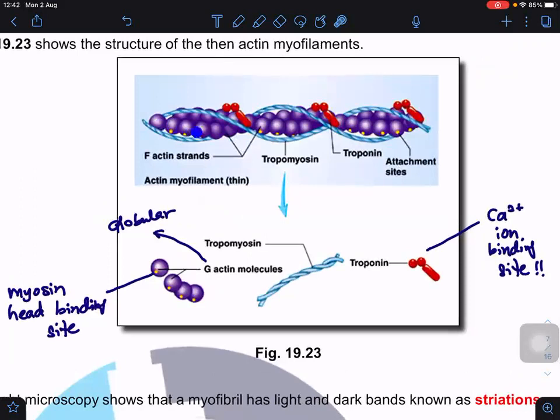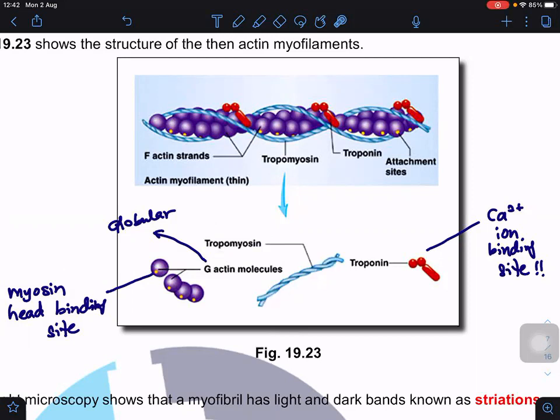First, the fibrous actin or F-actin, which consists of monomers known as G-actin. G stands for globular. This G-actin joins together to form the F-actin. Each molecule of G-actin has a myosin head binding site, and when the muscle is relaxed, it is covered by tropomyosin.